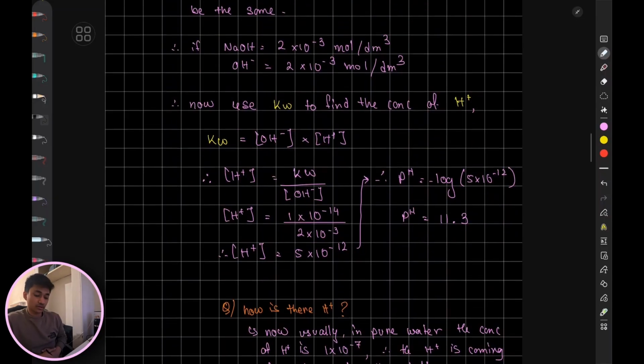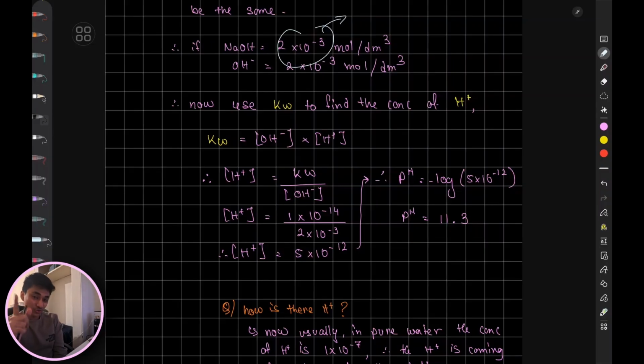So after you get those values, let's say it is given to you that you have 2 into 10 to the power minus 3 mole per dm cube of NaOH. Now you can use the good old KW formula, the dissociation of water formula, the ionic product formula, and use that to find the concentration of H plus ions.